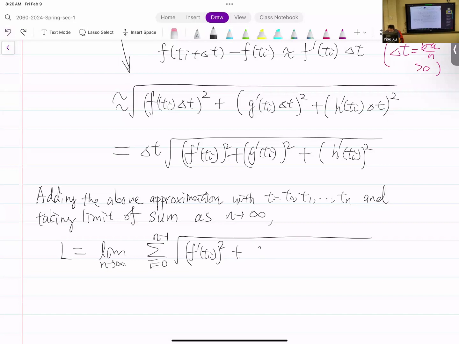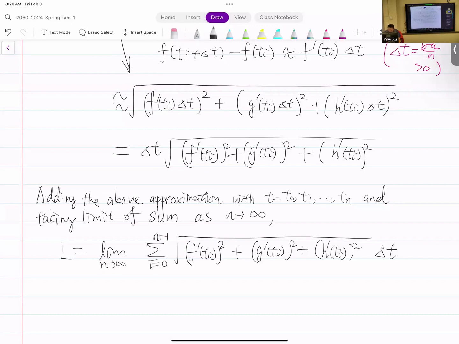So of course, if you are using an iPad, you can just copy the previous line here. Let's write one more time to emphasize what we are summing.